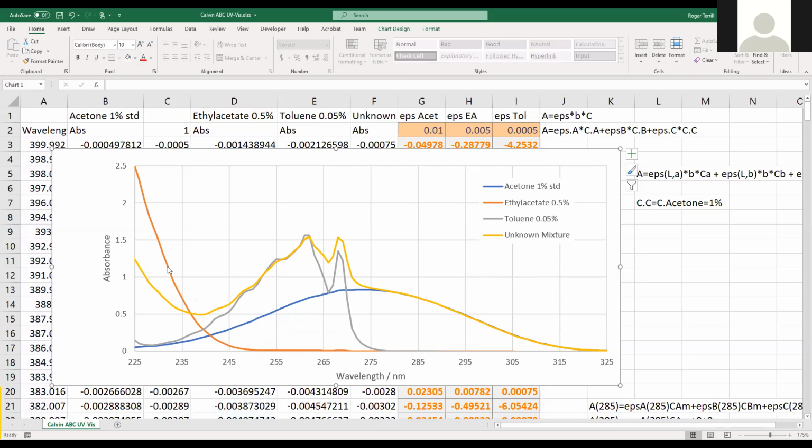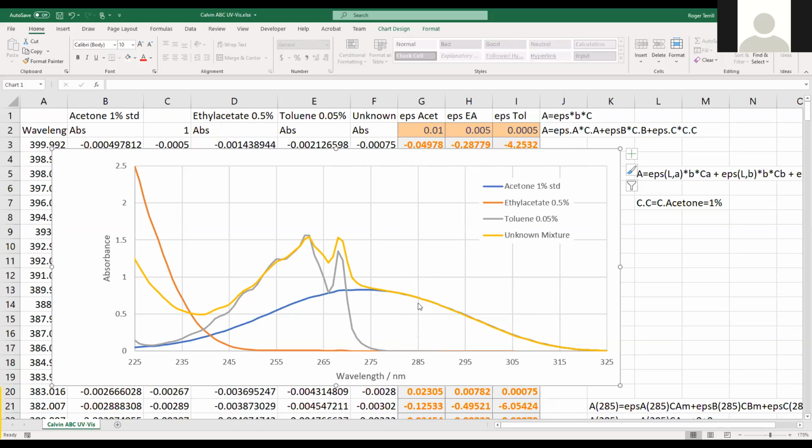So if you look at 285 nanometers here, can you determine the amount of toluene using the absorbance at 285 nanometers, at this fairly red wavelength, on the right-hand side of the spectrum, I mean by red? Vincent, what do you say there?